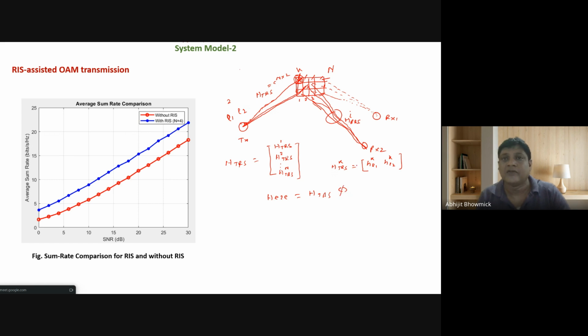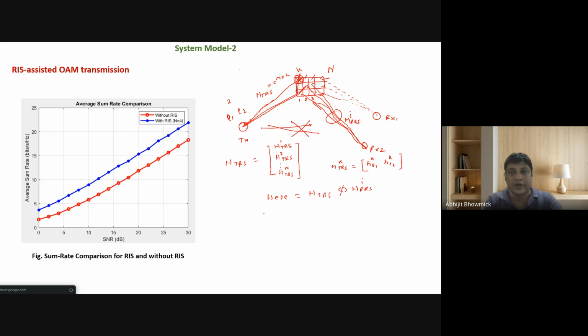phi is basically indicating the RIS parameter, where the reflection angle as well as the phases of each element is considered into H R R S I. This will be the end-to-end channel, if there are no direct links, as they are already blocked.